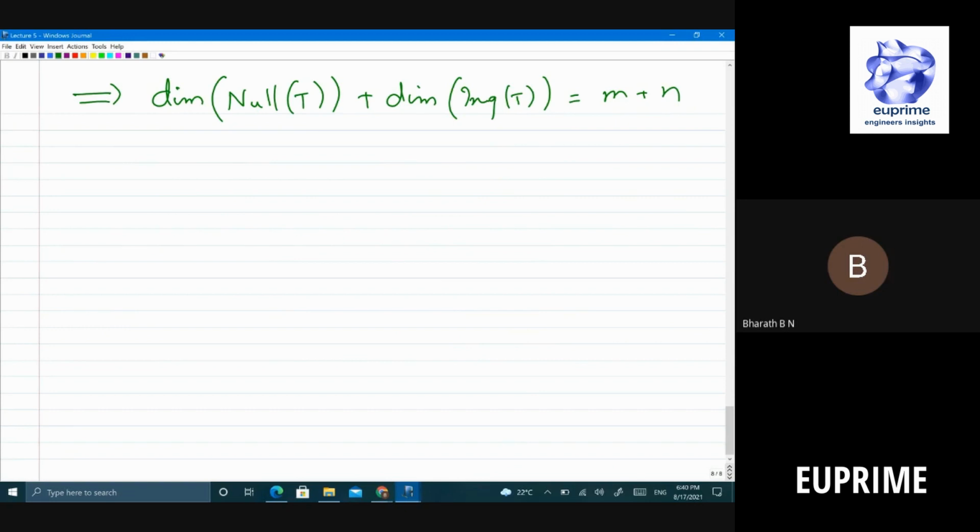Where is the rank and where is the nullity? Nullity is very clear, right? The null of T is all those vectors which get mapped to 0, Ax equal to 0. What about the image? Suppose T is a matrix. What can you say about this? What is the image of T? First, let's try to understand that.